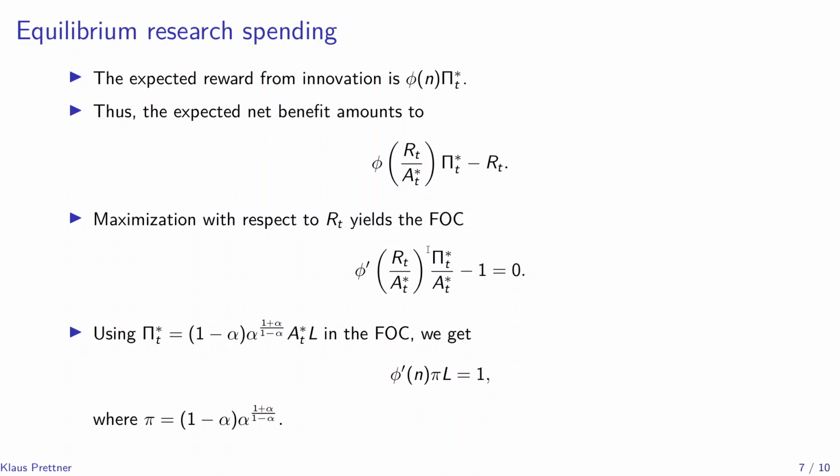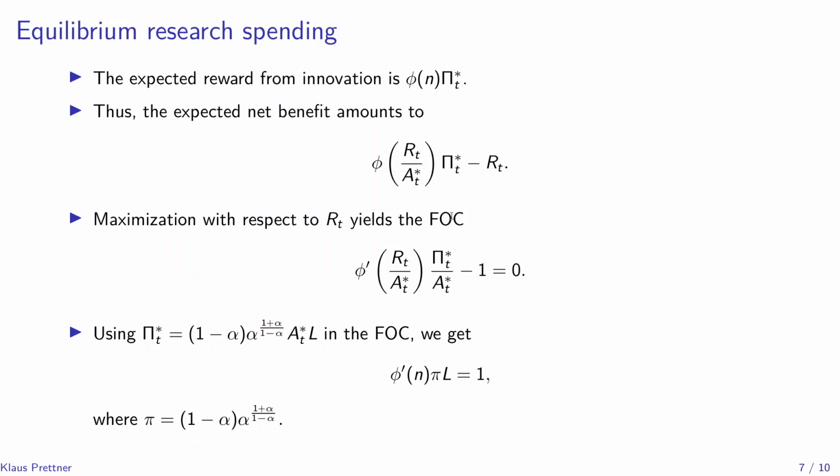Now the innovator maximizes with respect to the choice of R&D spending, R_t. So it takes the derivative of this expression with respect to R_t. If we take this derivative, we immediately get the outer derivative, phi prime of R_t divided by A_t star, and then the inner derivative is 1 over A_t star.